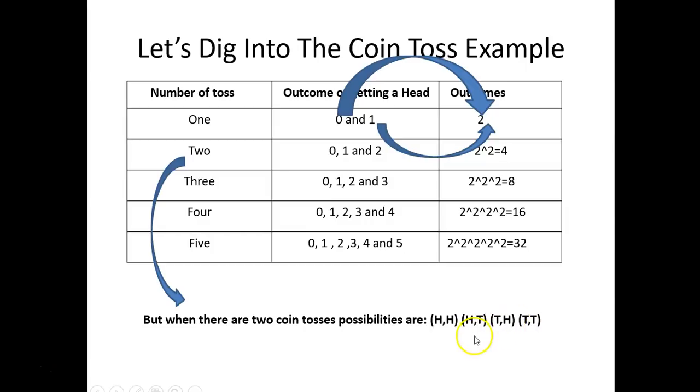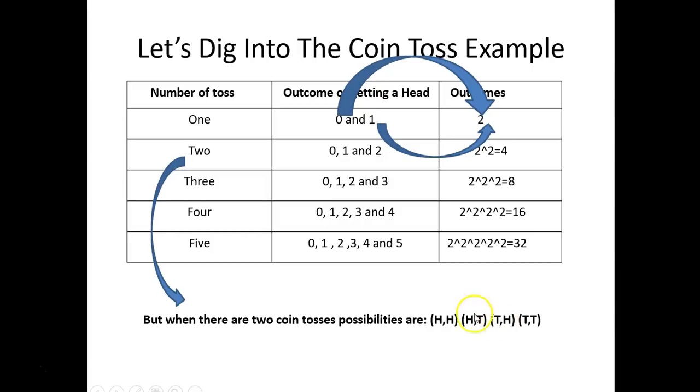So this is basically the order. If the first one is head and the second one is tail, that is one possibility. If the first one is tail, the second one is head, that is another possibility. So that's how we get 4 different possibilities. So now the possibility of getting both heads is just 1 out of 4.